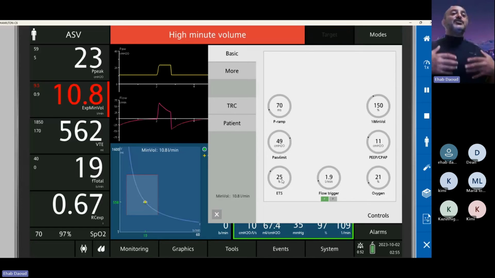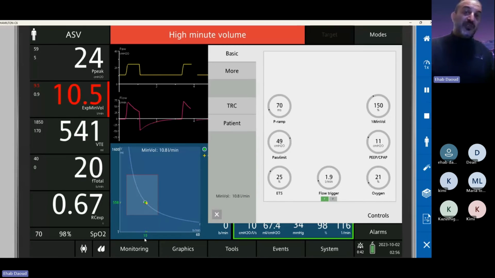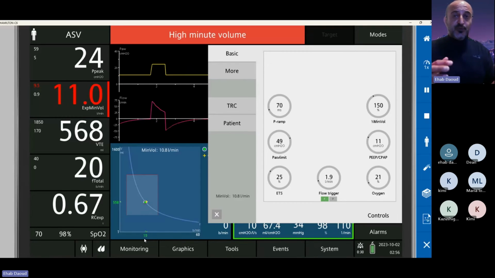What happens if the patient is doing some of the work? Say the ventilator wants to give him 10.8 liters and the respiratory rate, for example, is 19, and the patient is doing 10. So the 10 that the patient is doing will be pressure support breaths, and the rest will be mandatory. If you look at the taxonomy, this will be an intermittent mandatory ventilation mode, IMV.